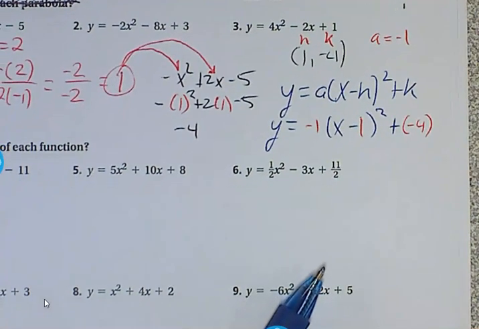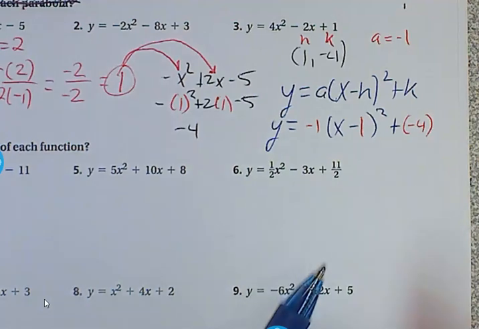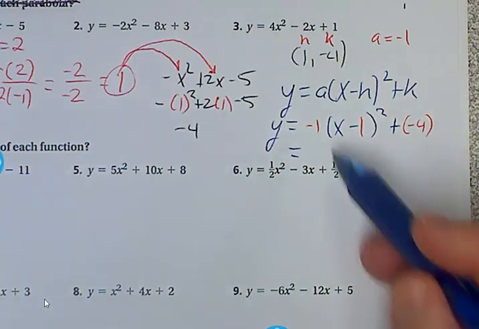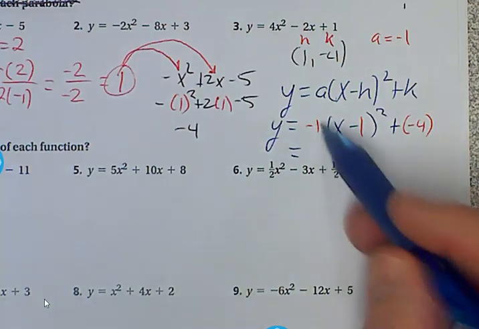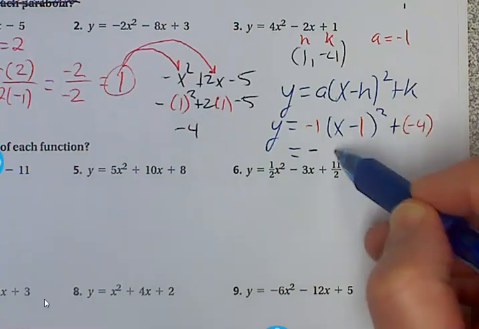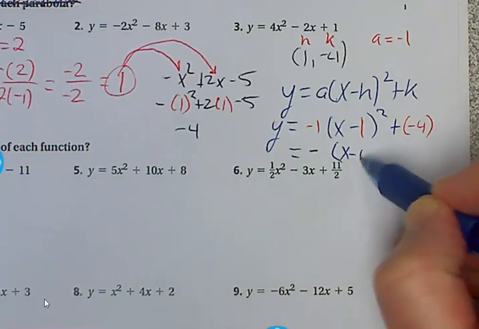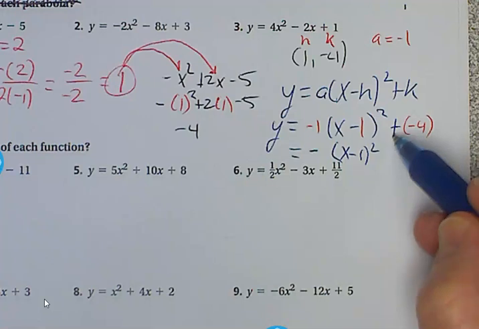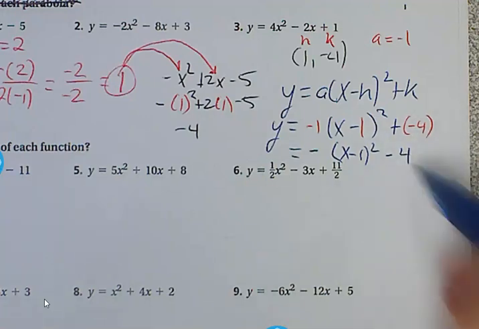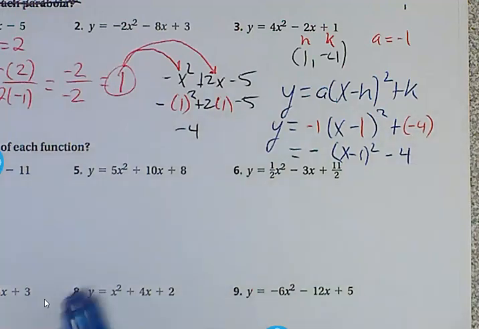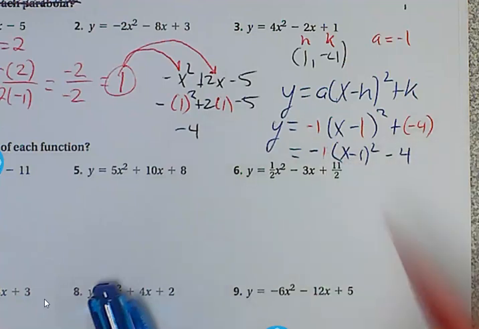And really, here's the only part you can clean up on this one. If you want to leave the negative 1 just like it is, that's fine. If you want to take the negative there and just take the 1 away, that's fine. That negative 1 is kind of optional. But if you got plus negative 4, just make it a minus 4. So if you want to put the 1 here, you can. If you don't put the 1, that's fine too.